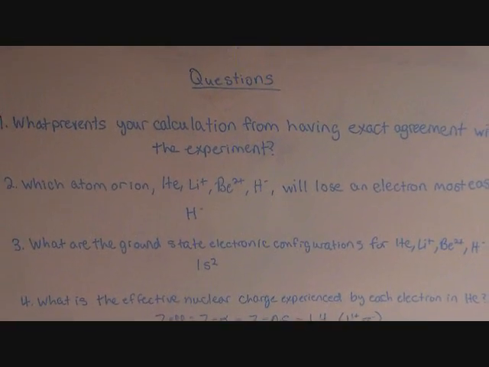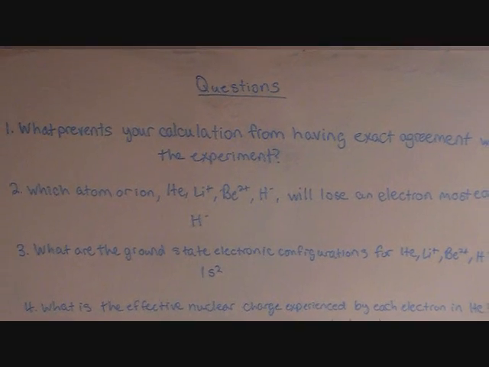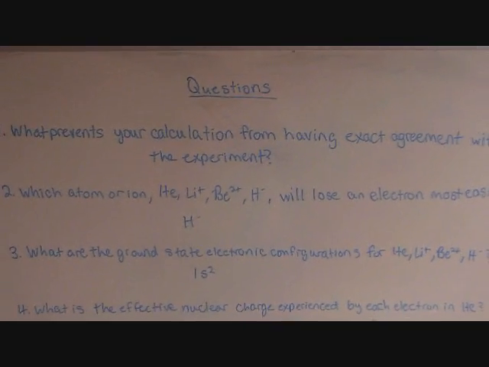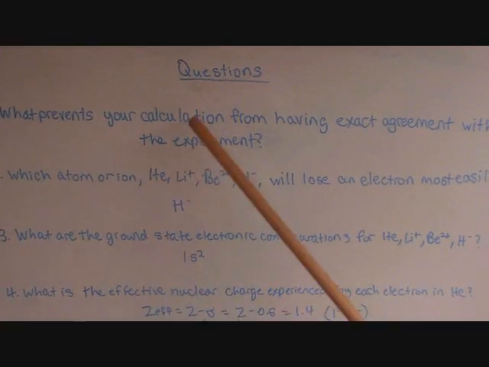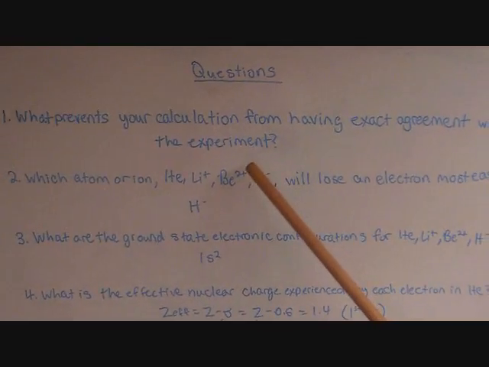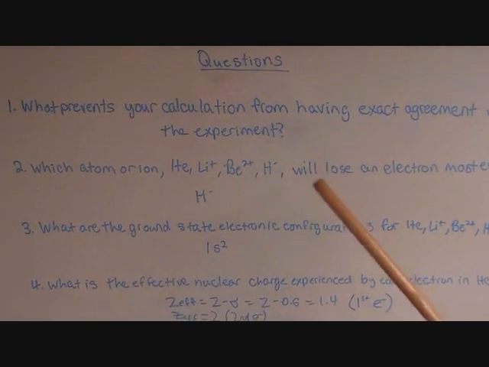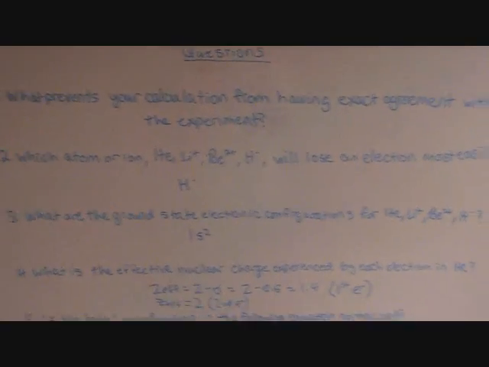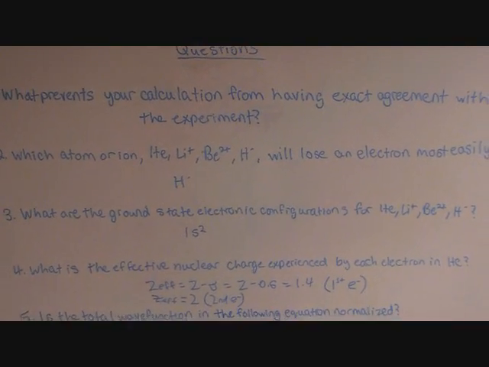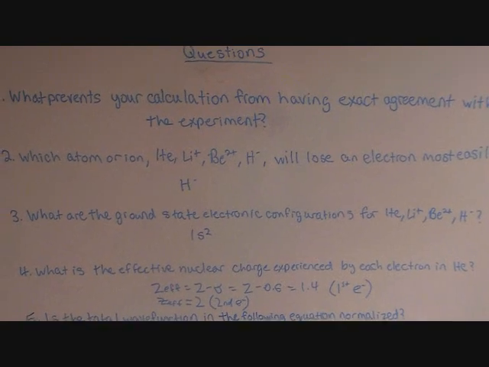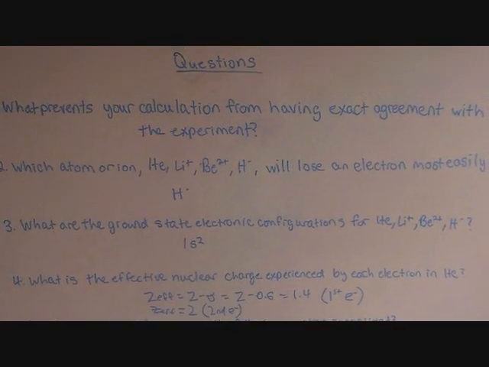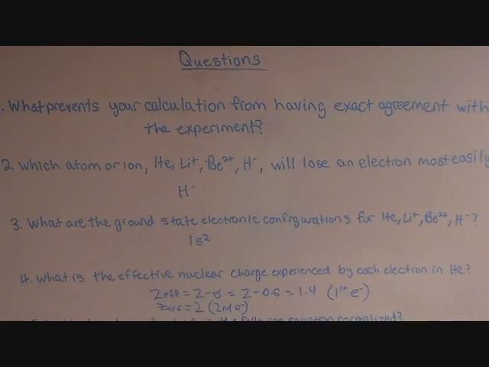The final portion of this lab dealt with answering some questions based on what we analyzed. The first question is, what prevents your calculation from having exact agreement with the experimental values? The reason our values were a few percentage points different than the actual experimental values is because the variational method is simply an approximation used by minimizing a variational parameter.